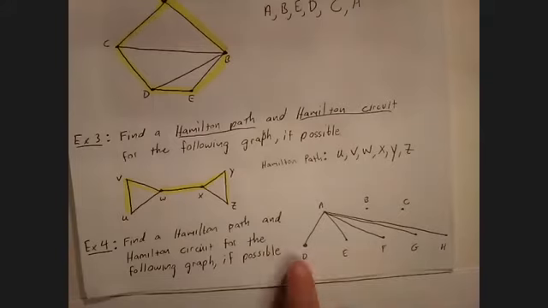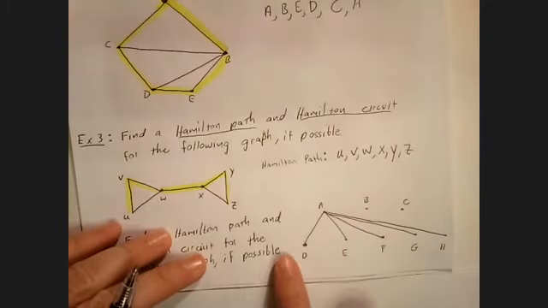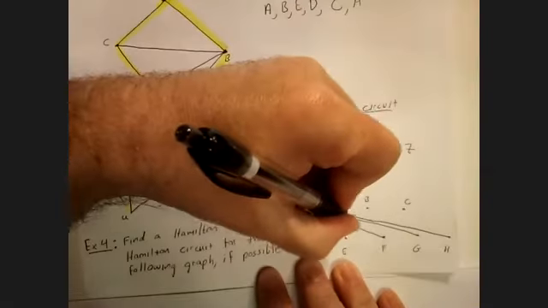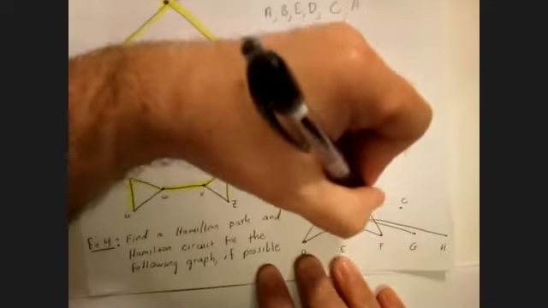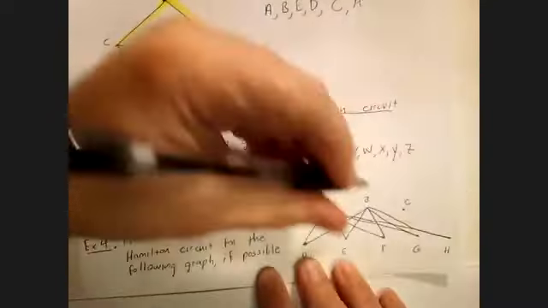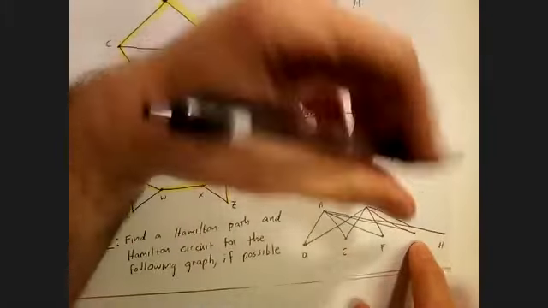Now, B will go to each of those. B will go to D, E, F, G, H. I'm not going to connect A to B to C or D to E to F to any of that. So the ones on top go to each one on the bottom. Okay, that's kind of messy, but hopefully you see it.